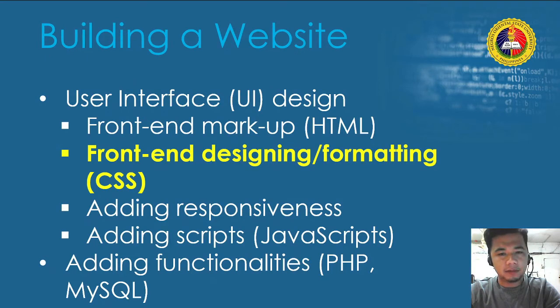These are the steps on designing a website. First is designing the front end markup using HTML. And then front-end formatting using CSS. And then this time we're going to be adding responsiveness.